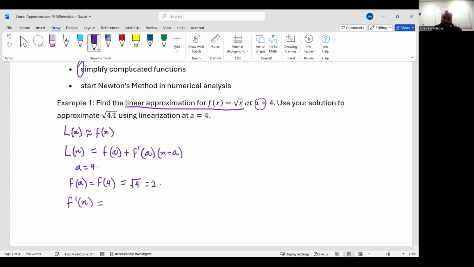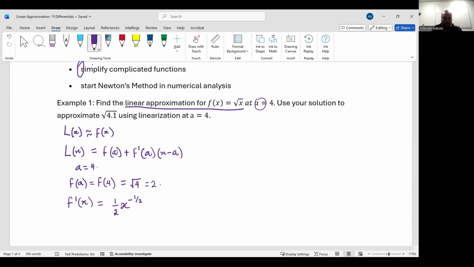Remember that square root of x is the same thing as x raised to power 1 half. So if I take the derivative of that, I have 1 half x raised to power negative 1 half. That is, I bring this down, then subtract 1 from the power to get the derivative.